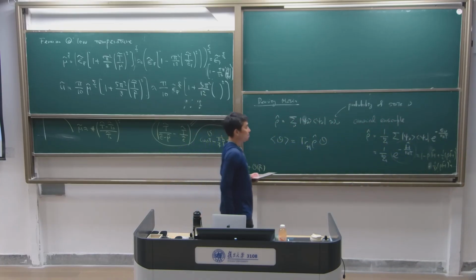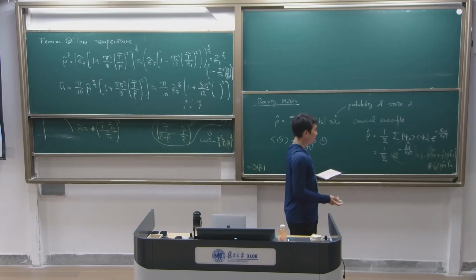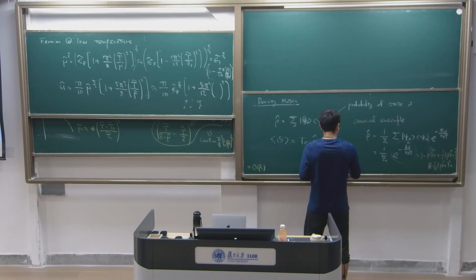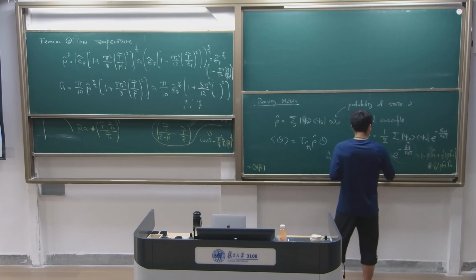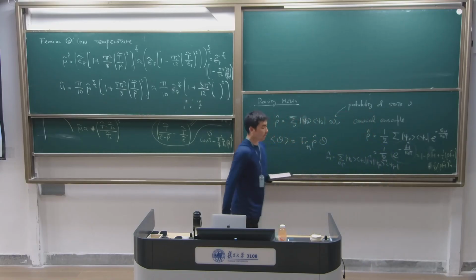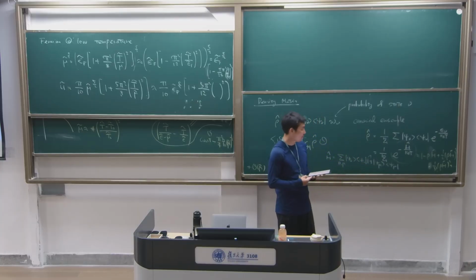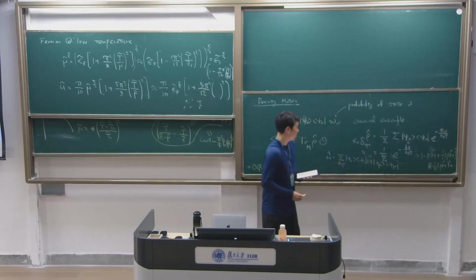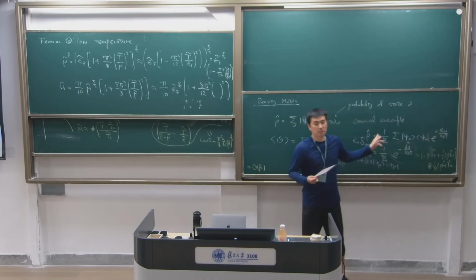In particular, if psi nu is an eigenstate of the Hamiltonian, and since psi nu and psi mu are eigenstates of the Hamiltonian, this is replaced by epsilon nu delta nu mu. So if you plug this in, what you get is the expression upstairs.